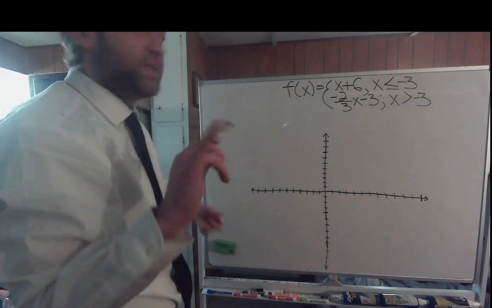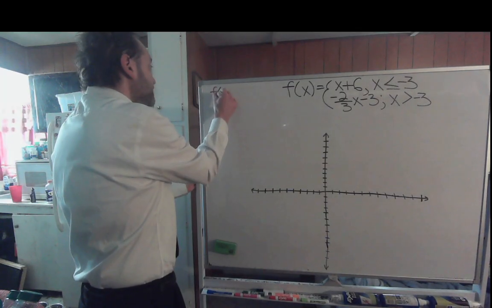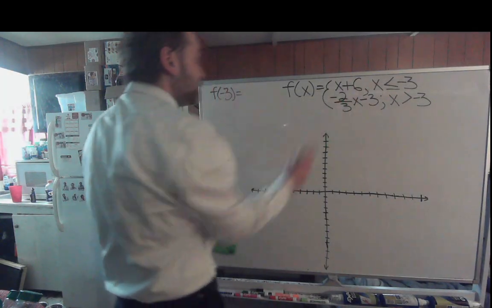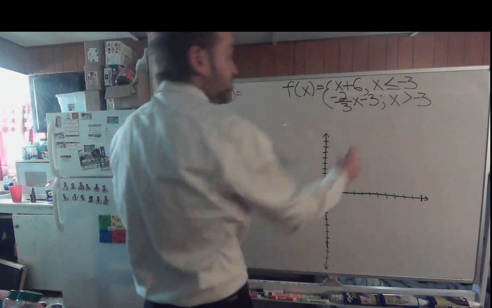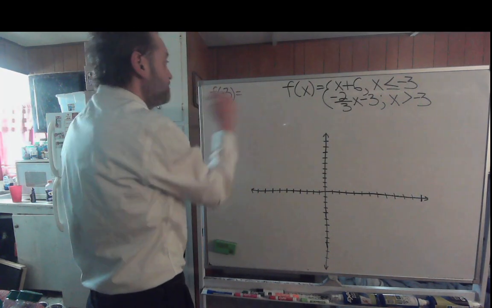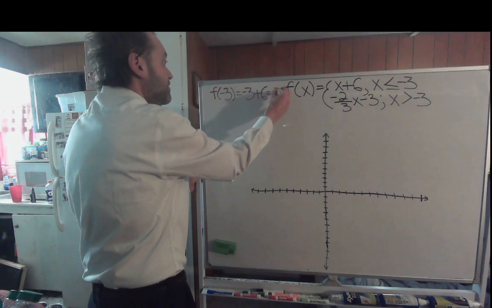Let's put in f of negative 3 itself, right? f of negative 3 can technically only be evaluated at x plus 6 since that's the function for the part of the domain where x is less than or equal to negative 3. So you would get negative 3 plus 6, which would give you 3.